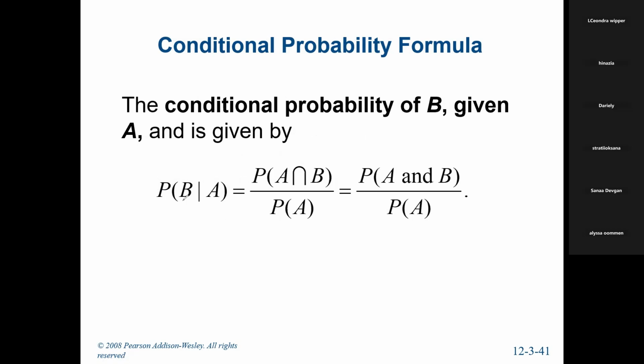P of B given A is equal to P of A intersection B, or P of A and B, over P of A. It's the formula. So here you need to find, if the two events are not mutually exclusive, the intersection of the two events. All right, so P of A and B.